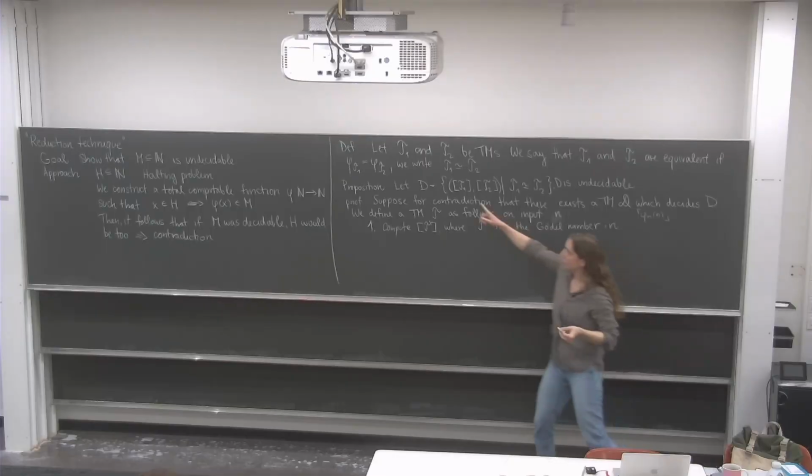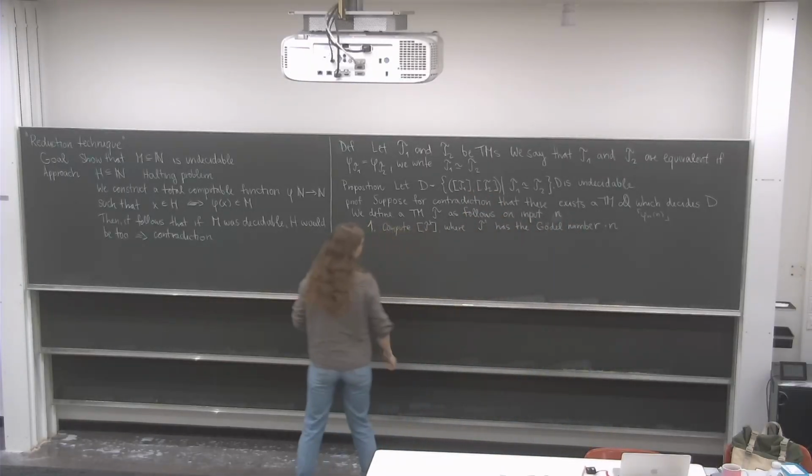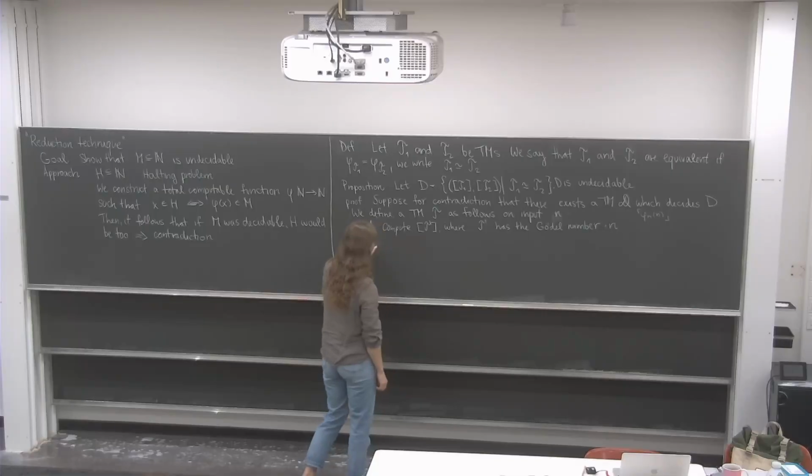So we somehow have to construct two clever Turing machines to ask whether they're equivalent or not.